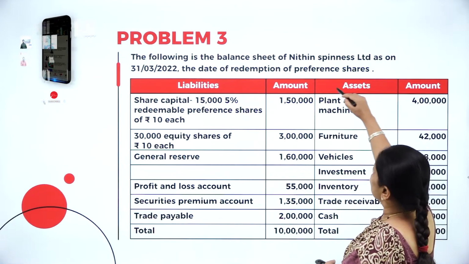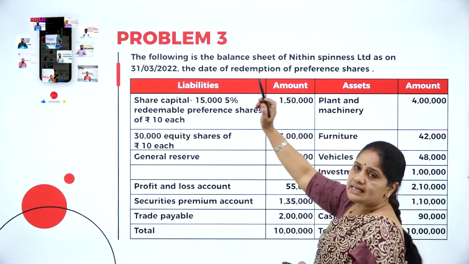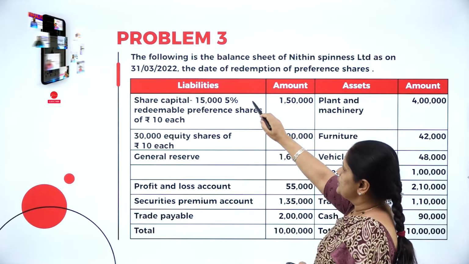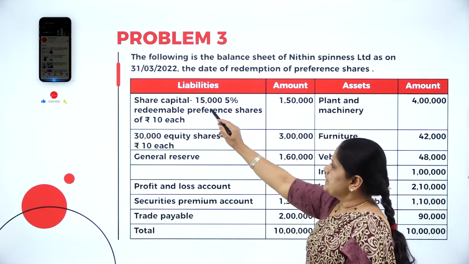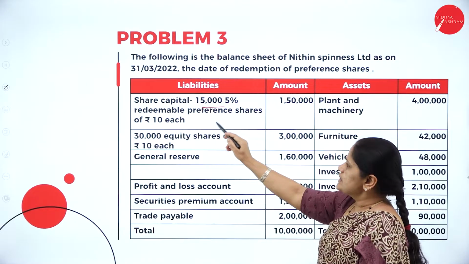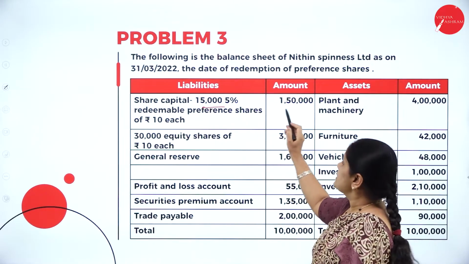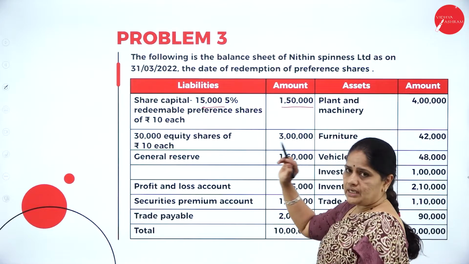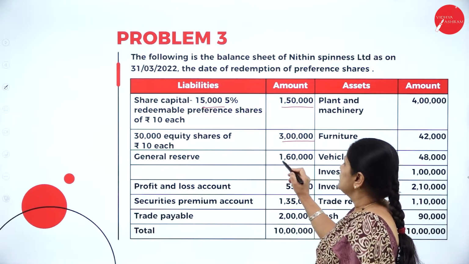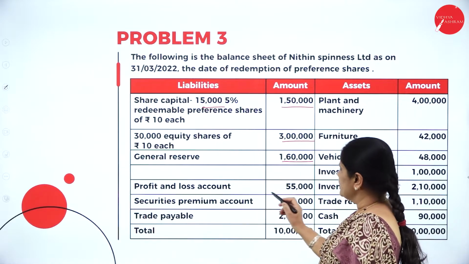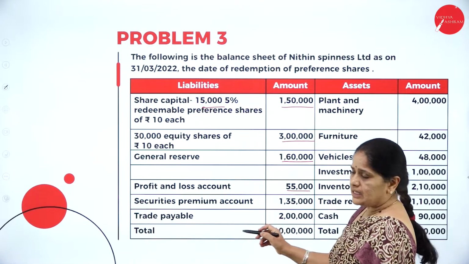The following is the balance sheet of Nitin Spinners Limited as on 31st March 2022, the date of redemption of preference shares. The share capital: 15,000, 5% redeemable preference shares of rupees 10 each, 1,50,000. 30,000 equity shares of rupees 10 each, 3 lakhs. General reserve 1,60,000. Profit and loss account 55,000.